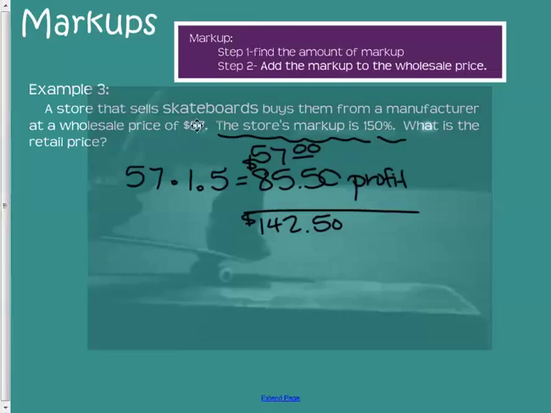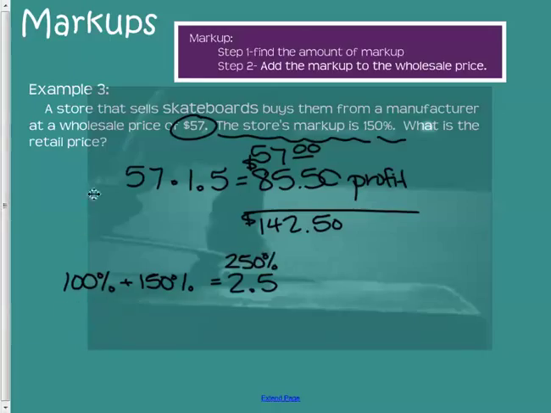So if I wanted to sell this item, I'm selling 100% of the item, and that's my $57. I'm also selling 150% of the item. So that is technically 2.5 or 250% of the item.